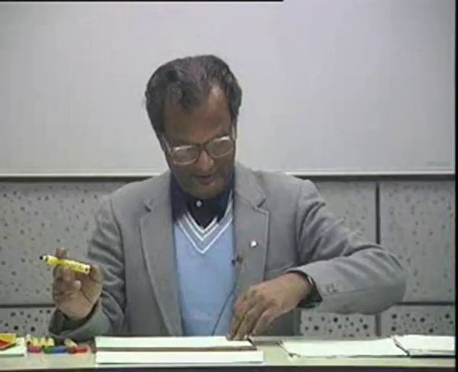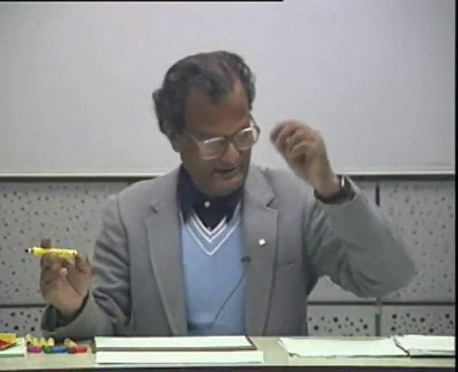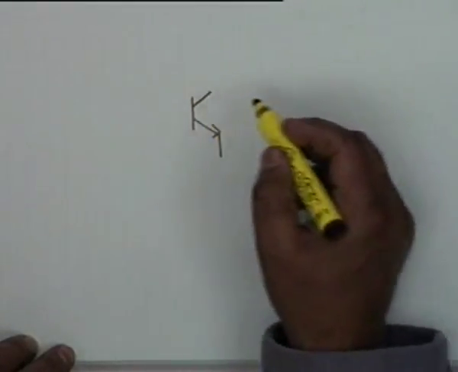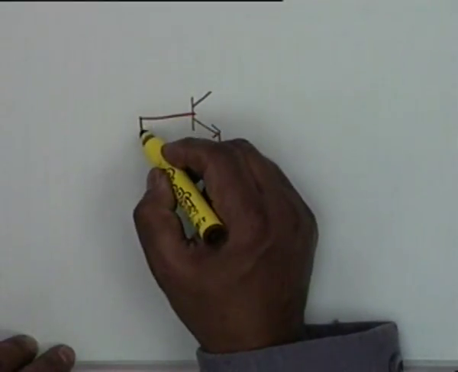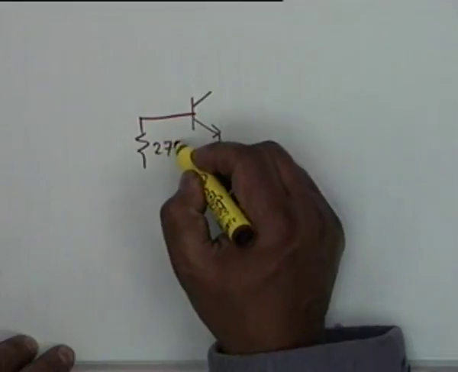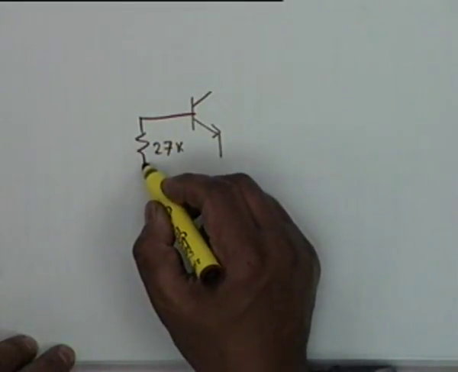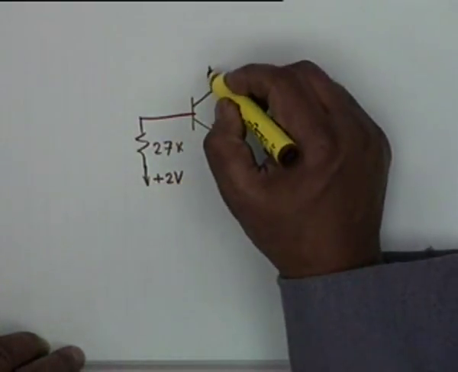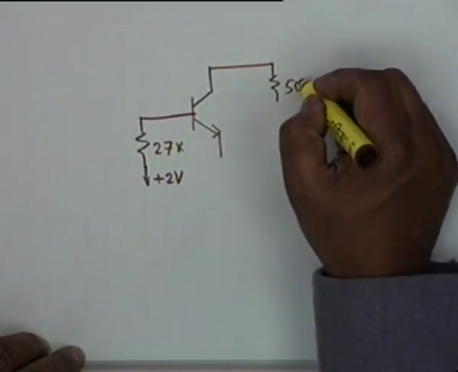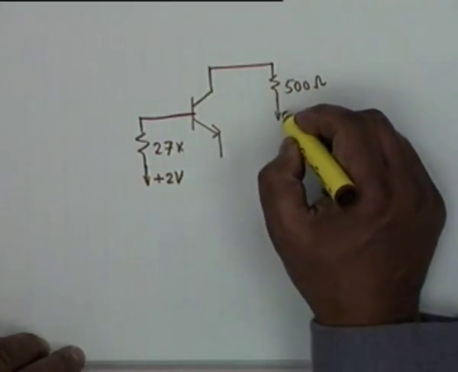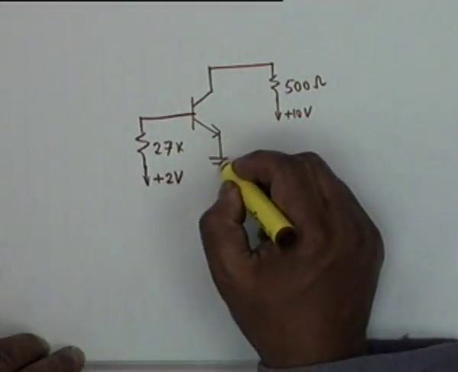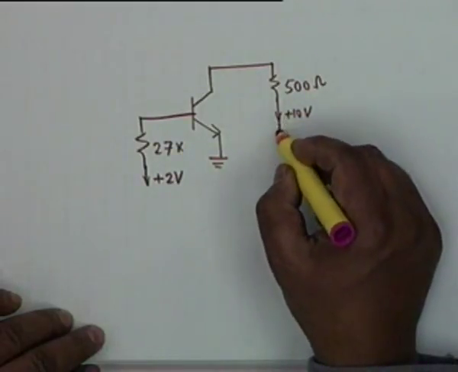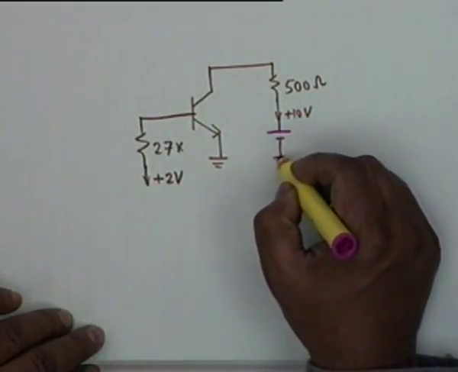Okay, we can take a quick example to illustrate this, and this example is a common emitter transistor, with a resistance of 27K in series with the base, then a battery of plus 2 volt, which supplies the base current. We have a resistance of 500 ohm in series with a plus 10 volt battery, the negative terminal of which is grounded.